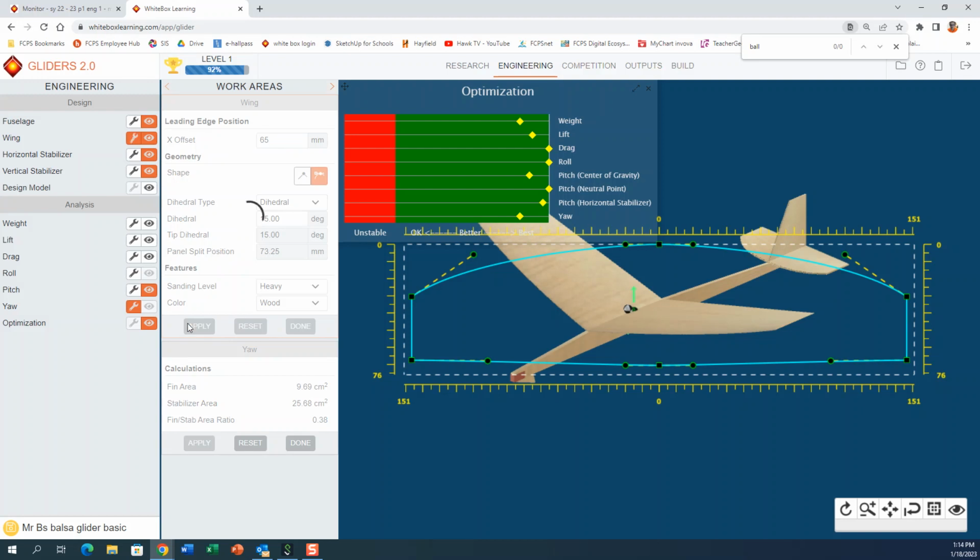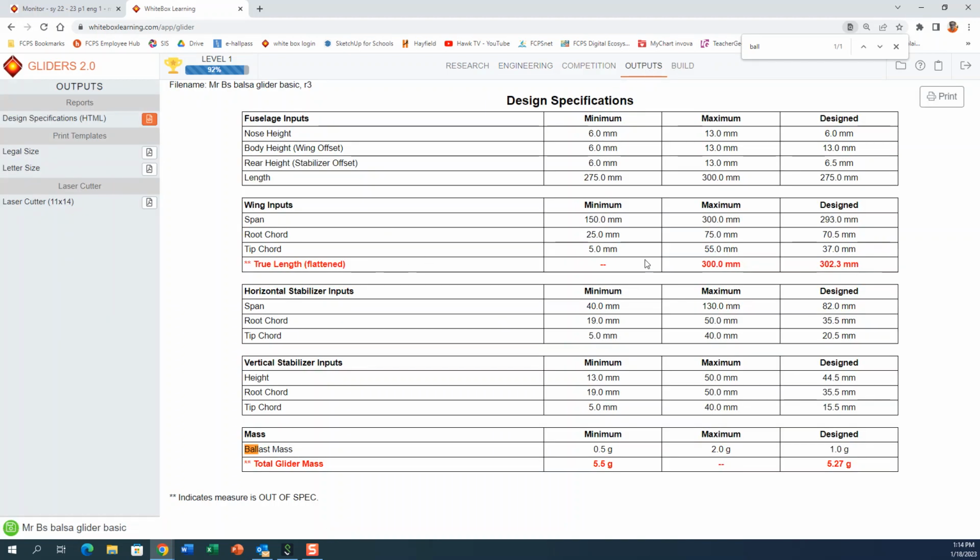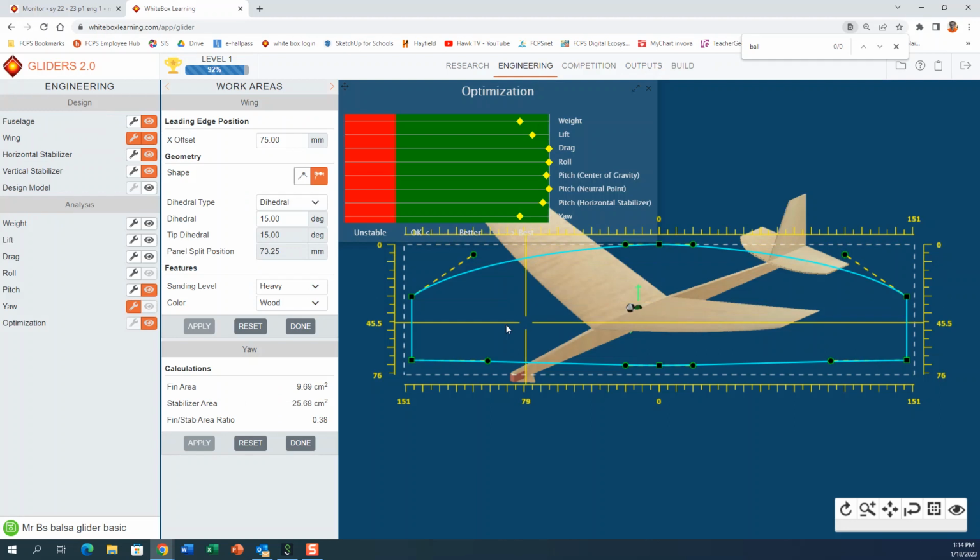And I'm going to stop in just a second. Okay. Are we in spec? Wings are too long, a tiny little bit too long.